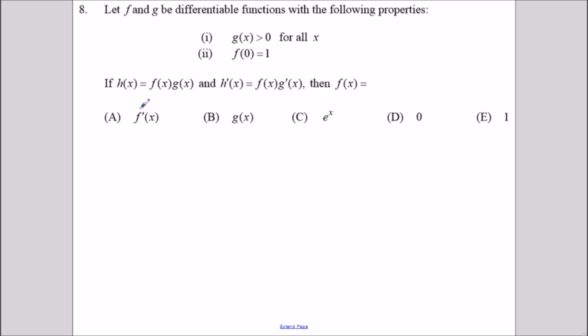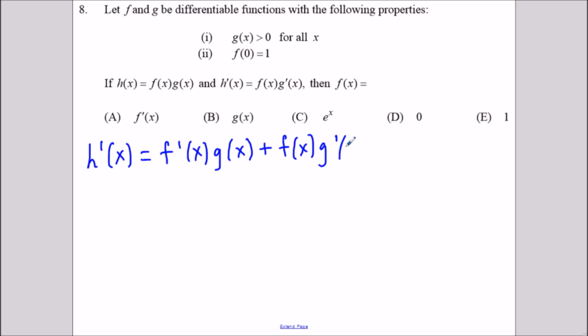So for this example here, you want to think, because this is a product of functions, we could also express h prime using the product rule, that it's f prime g plus f of x times g prime of x. But then what we should notice here is that now we have two expressions for h prime of x. So we could set these two equal to each other.